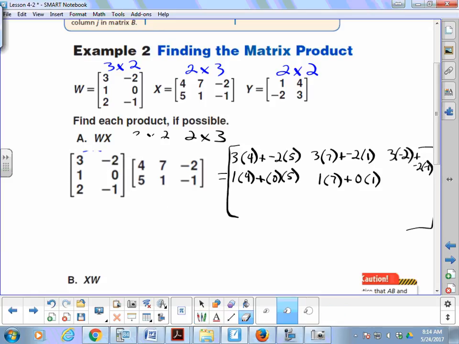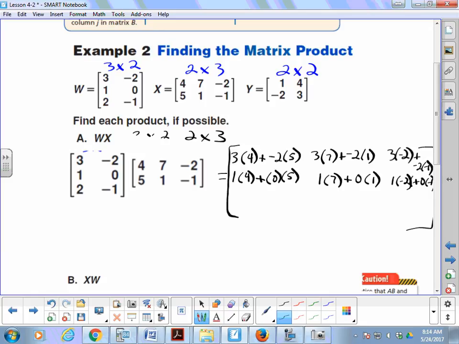All right, so that would be row 2, column 2, so entry 2, 2. Then we multiply 1 times negative 2 and 0 times negative 1. So we've done row 2 times all 3 columns.